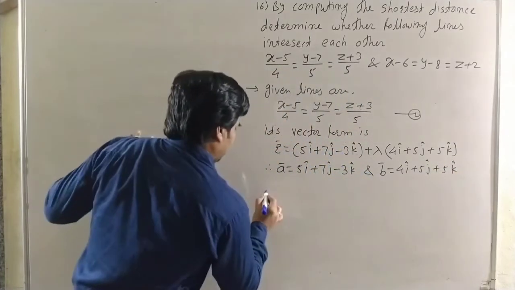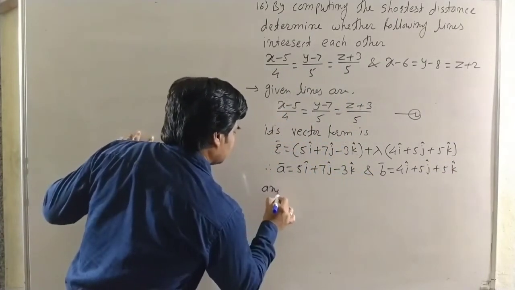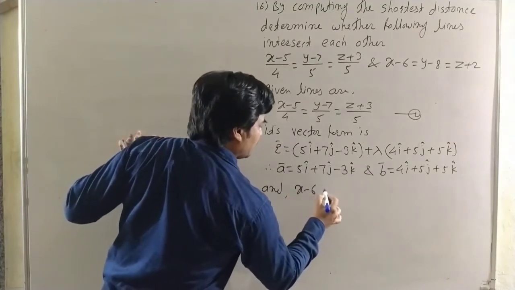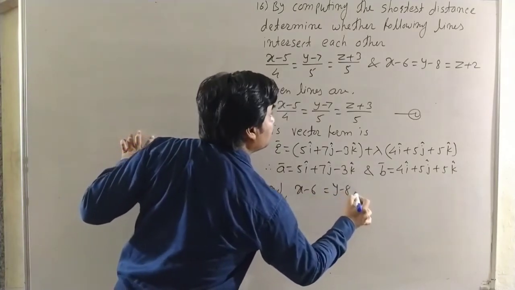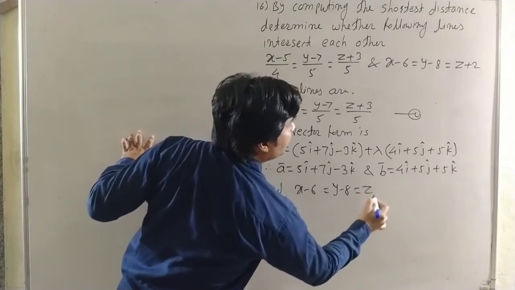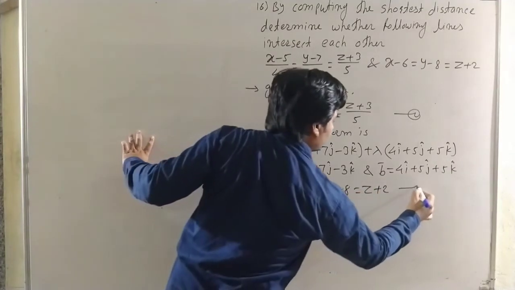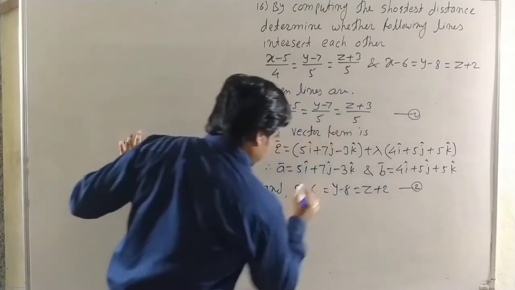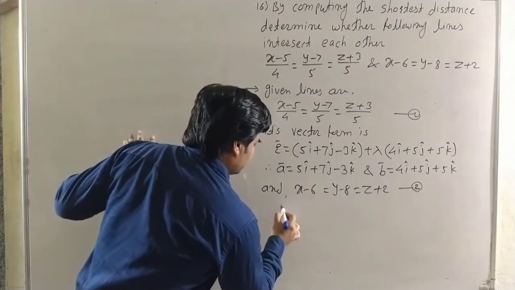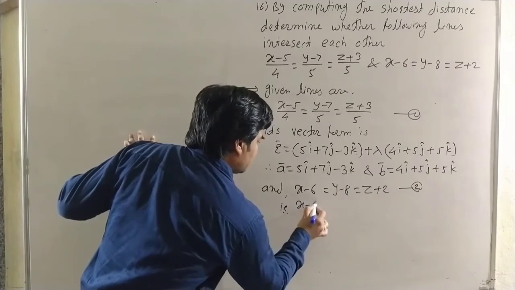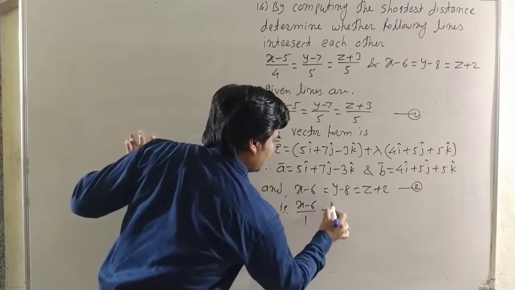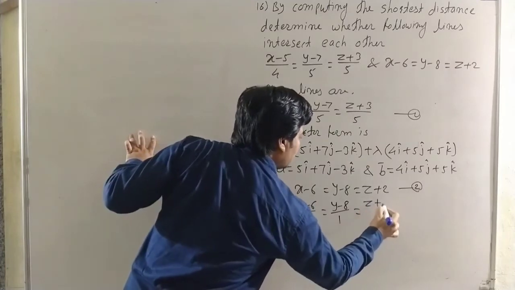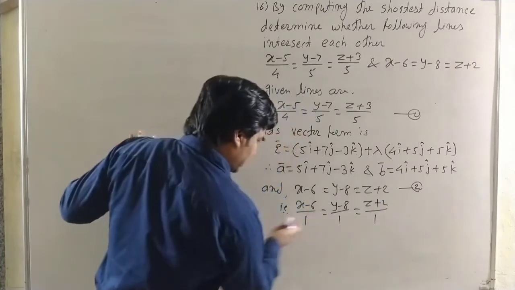And the second line is x minus 6 is equal to y minus 8 is equal to z plus 2. Here this is equation number 2. See carefully, this equation can be written as (x minus 6)/1 is equal to (y minus 8)/1 is equal to (z plus 2)/1, which are the direction ratios.